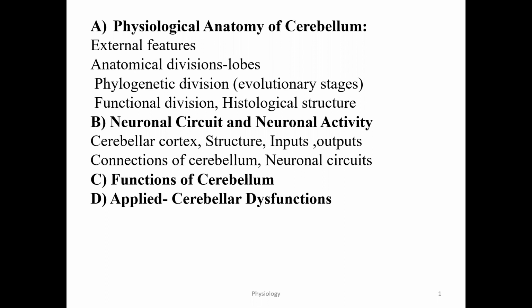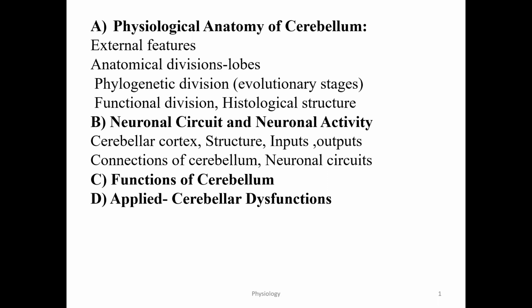In today's lecture, we are going to see the neuronal circuit and how that neuronal circuit is helpful for various activities, like input, and how the input arises in the cerebellum via the mossy fiber and the climbing fiber.